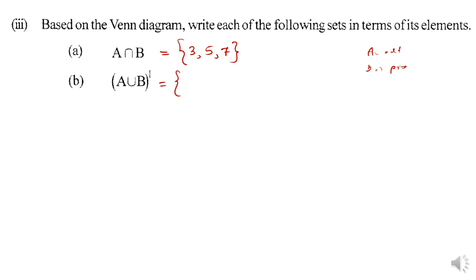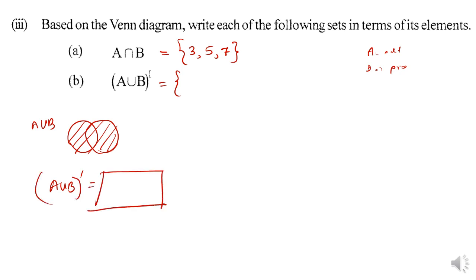And A union B dash, I think you see this. That means everything, you know, A union B is everything here. This is A union B, right? So if you want A union B dash, it means something like this. You have A here, B here.